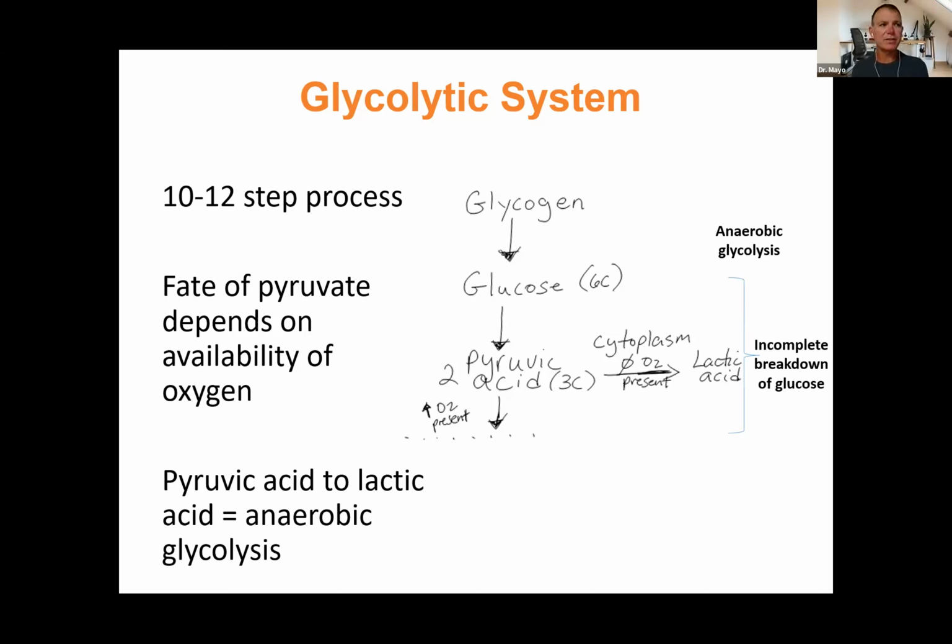It's inefficient and incomplete, because pyruvic acid or pyruvate is the 3-carbon structure. You split this glucose, this 6-carbon molecule, into 2 3-carbon pyruvates. But then when we convert this to lactate, and I didn't put a 2 on here, and I should have, these are 2 lactate molecules.